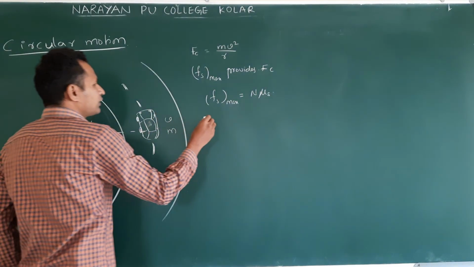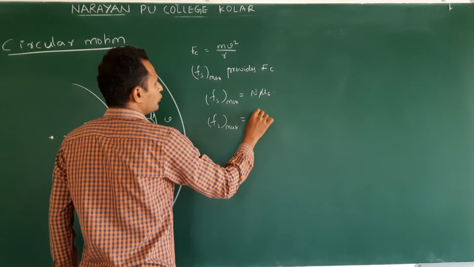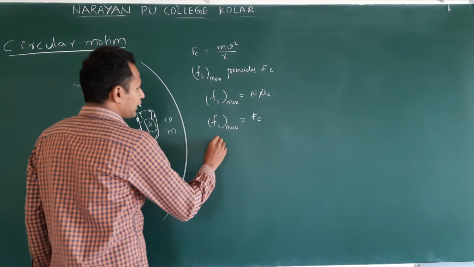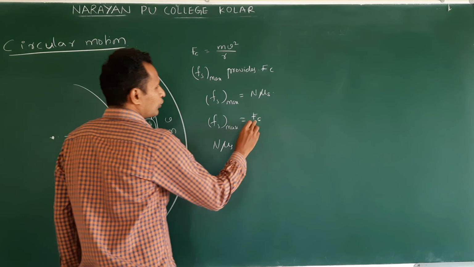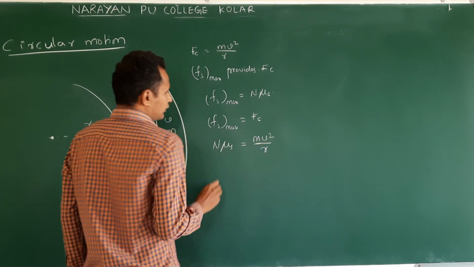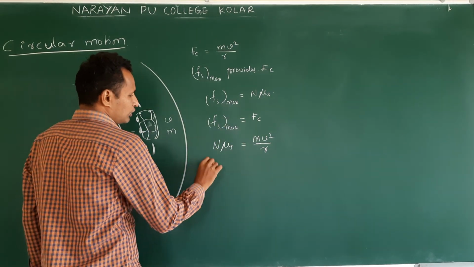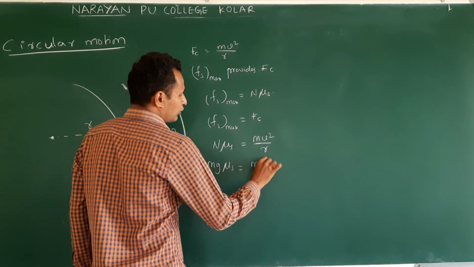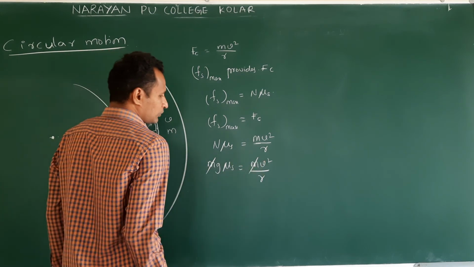According to this, Fs max is equal to Fc. So I can write N into mu s is equal to m v square by r. This friction only is providing the centripetal force. So we can write mg into mu s is equal to m v square by r. Cancel m.